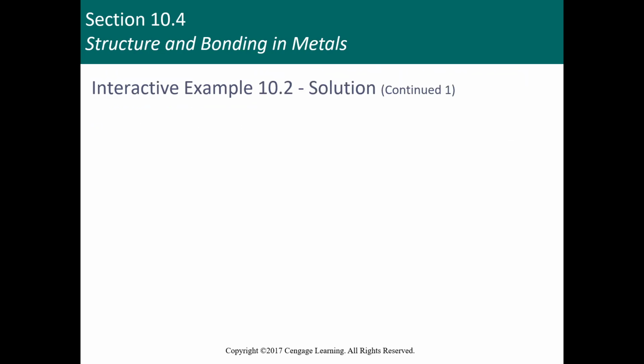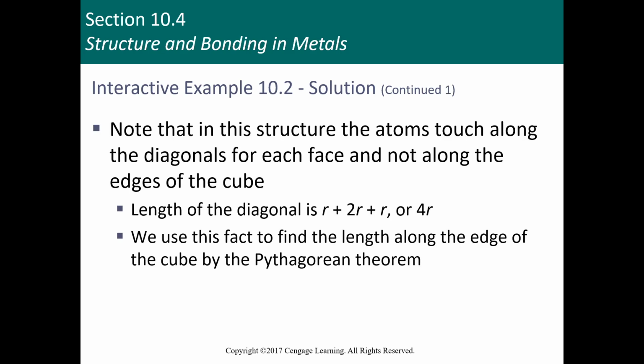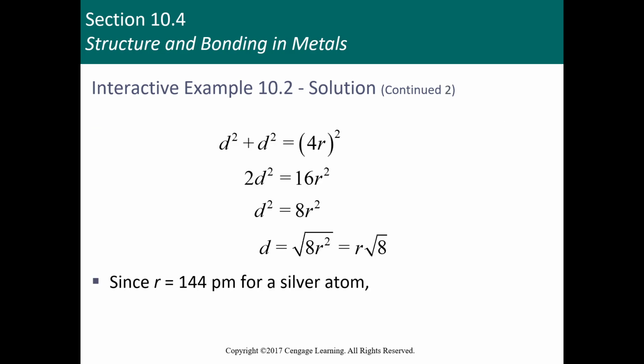Okay, and so we're going to use Pythagorean's theorem for a right angle, and we're going to find out what this diagonal is in terms of the radius of silver. And so this Pythagorean's theorem, d squared plus d squared equals 4 times the radius of the silver atoms, and that would be squared.